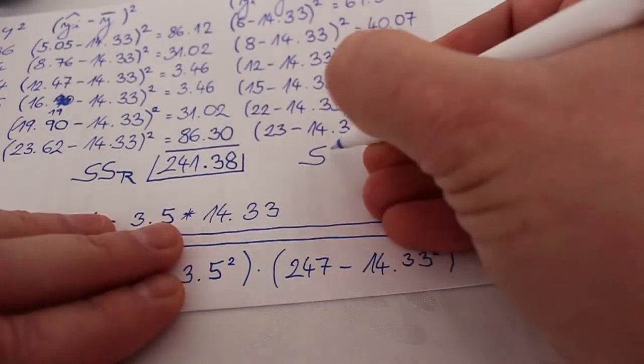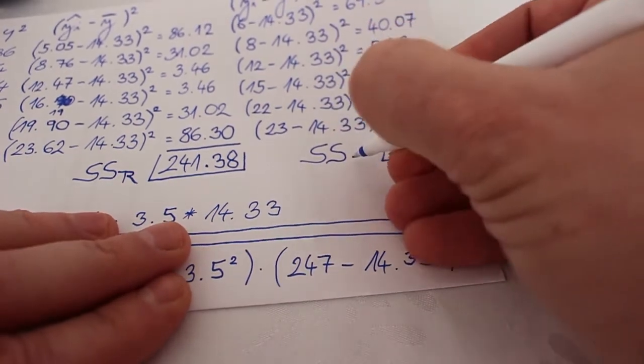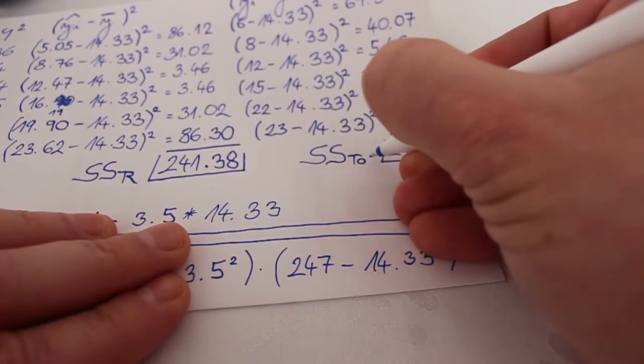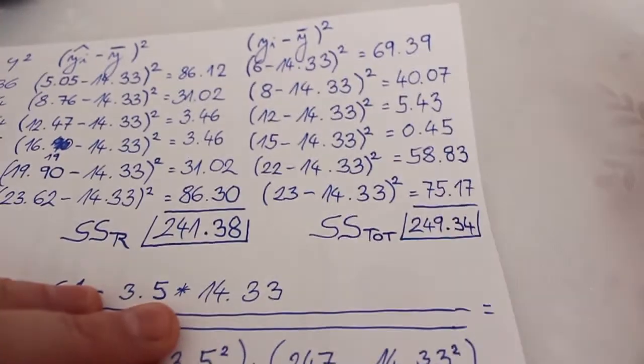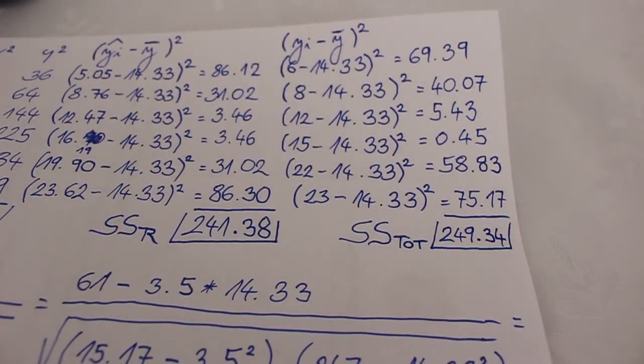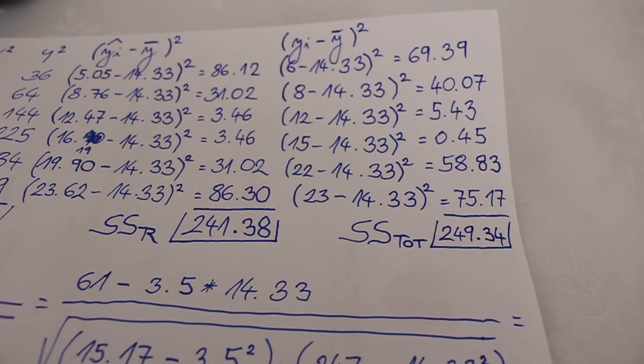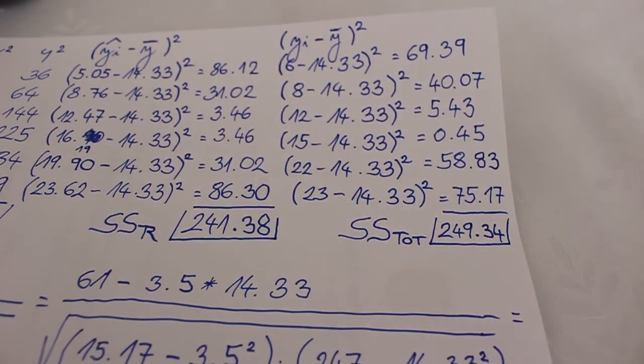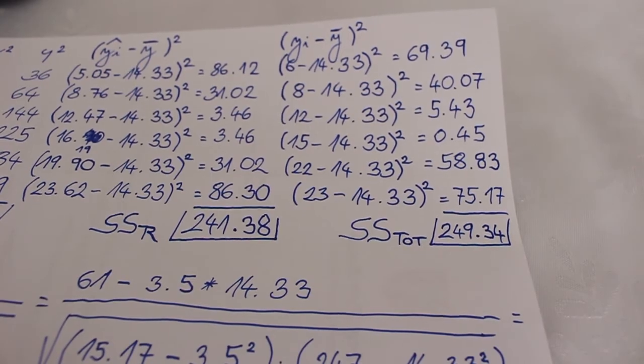So this is the sum of squares total. Okay, now we have everything for the calculation of r squared.